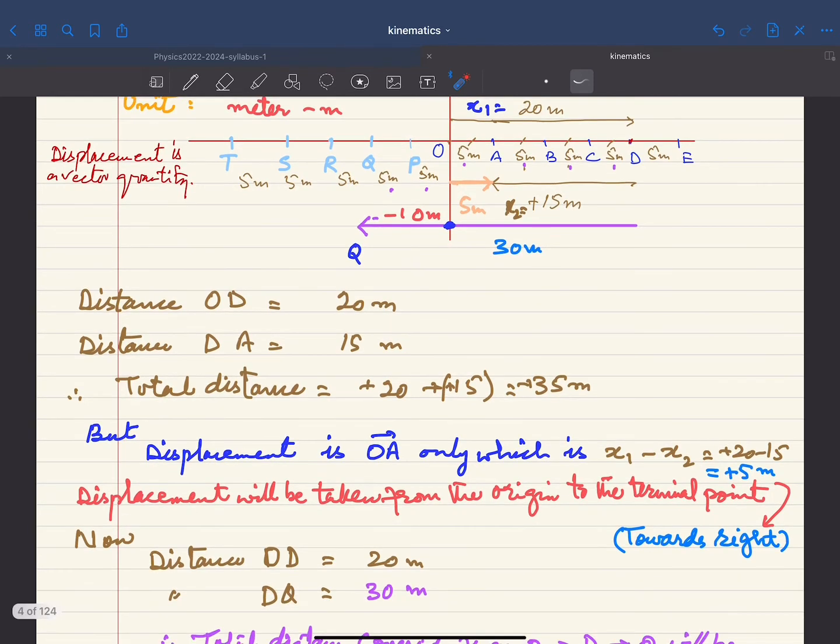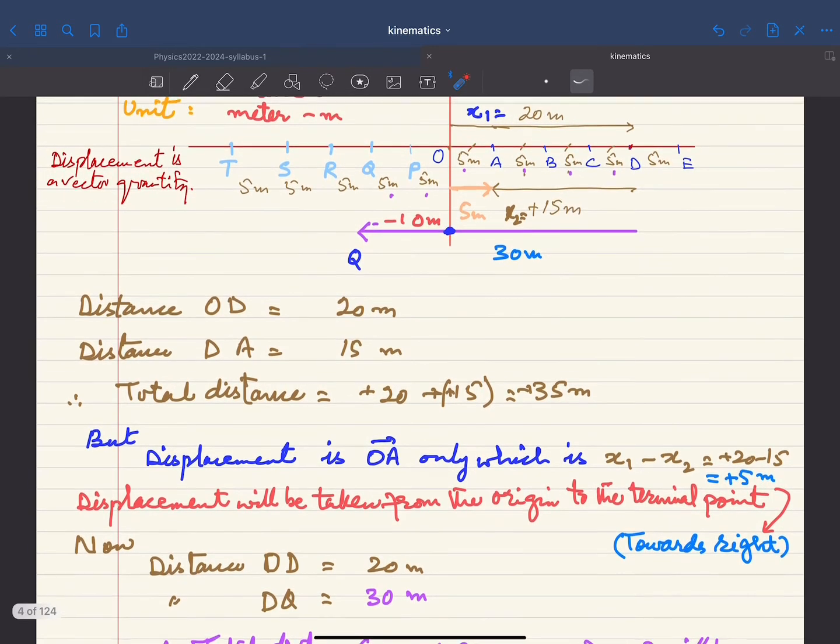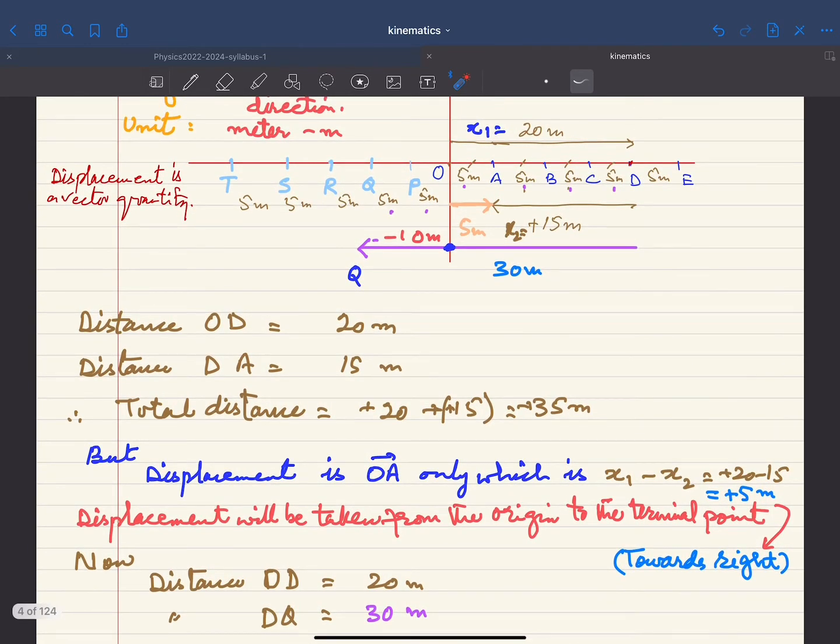But as far as the displacement is concerned, this is very important. Suppose you have covered a distance of 20 meter, but you have DA which is 15 meters. So where are you ultimately? You can say the shortest distance between 2 points. So what is the shortest distance? From O to A is the shortest distance.